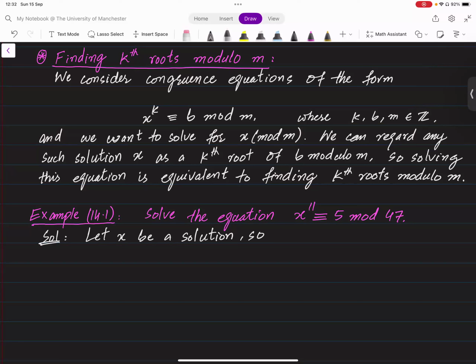So we can say x^11 is congruent to 5 mod 47. It's equation 14.2.